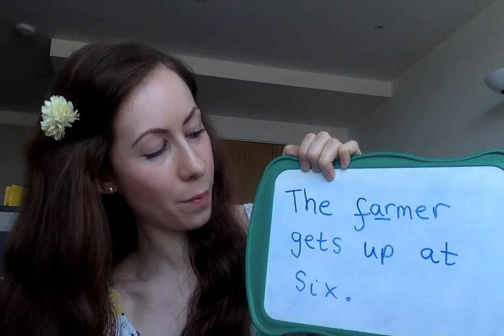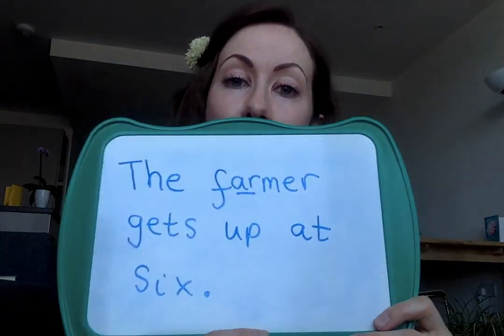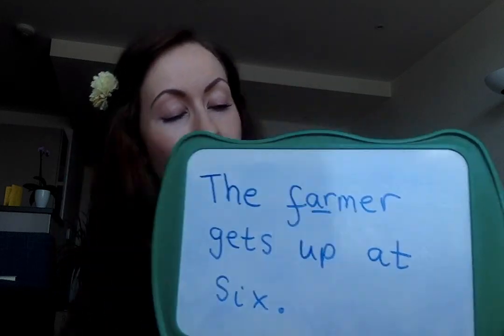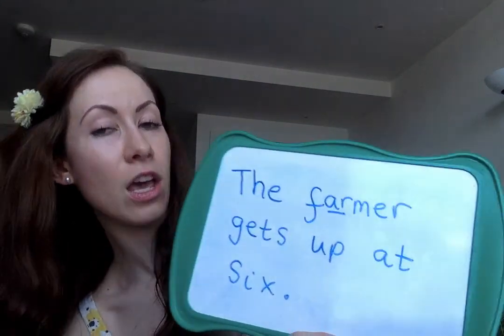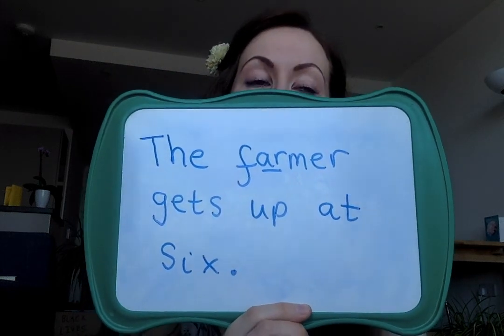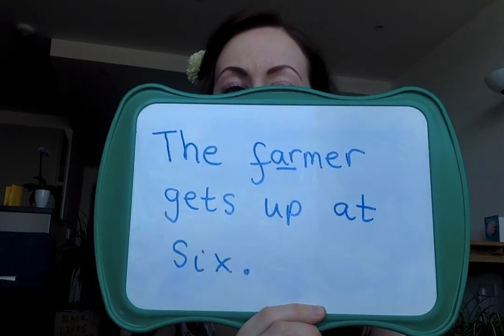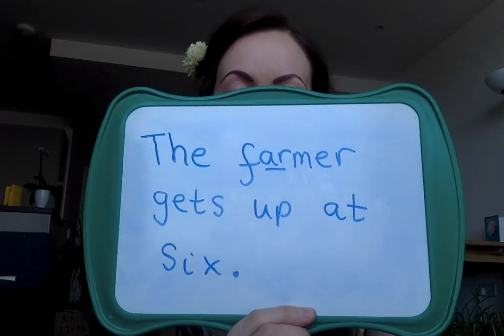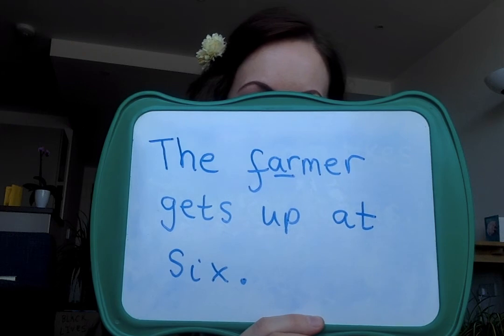And we need a full stop at the end. So you see, if you just take it words at a time, it's not too hard. So have a go at writing that one down. The farmer gets up at 6. The farmer gets up at 6.